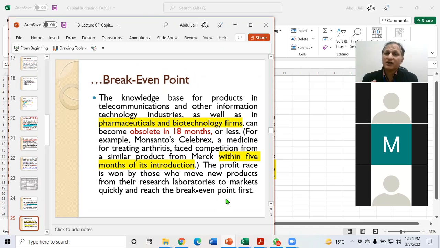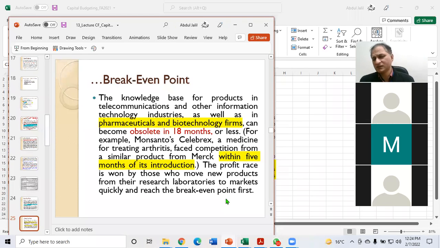And after 5 months, a new competitive product is in the market, and they are losing their market space, because previously they were just like a monopolist in that particular product, but their monopoly is going to be over because other competitors are now in the market.